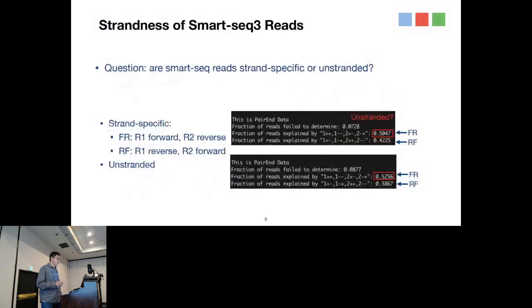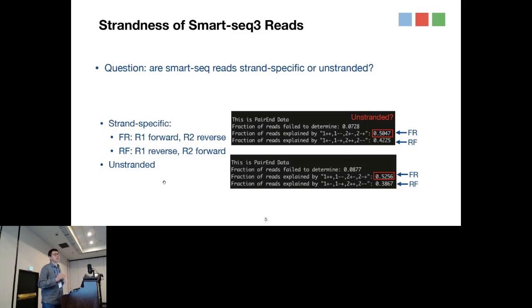Given RNA-seq data, a basic question is to ask whether they are strand-specific or unstranded. So are the SmartSeq3 data strand-specific or unstranded? Strand-specific means the reads are from the same strand of the cDNA, and there are two possibilities. One is FR, which means the first end is forward and the second end is reverse, or RF, where the first read is reverse and the second read is forward. Unstranded means reads can come from both strands of the cDNA.